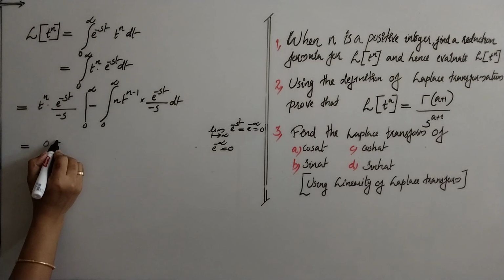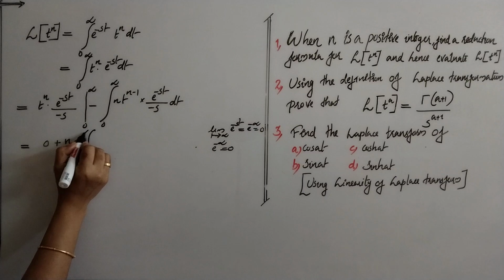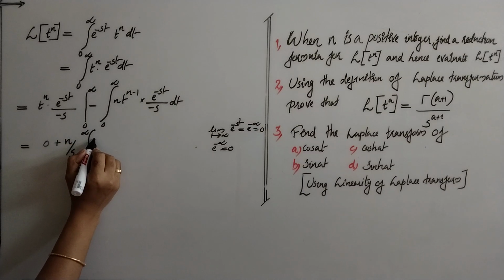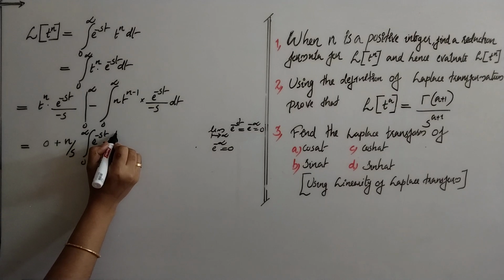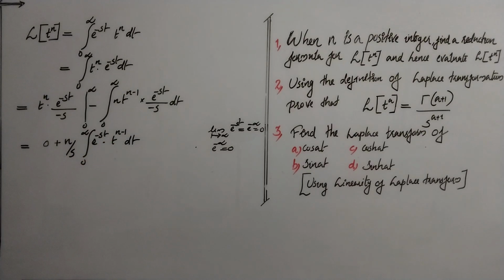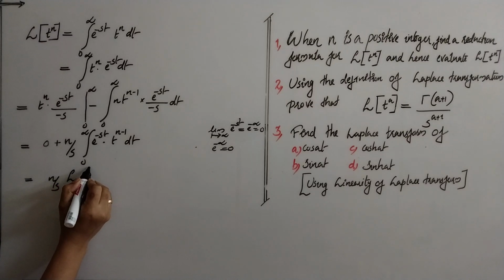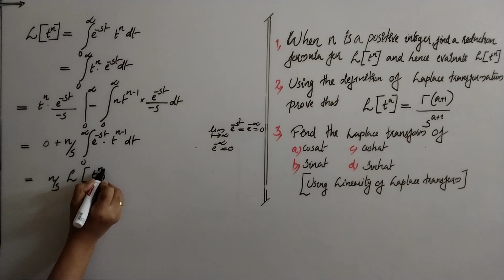Minus of minus, plus n by s into integral 0 to infinity e raised to minus st into t raised to n minus 1 dt. That is n by s into Laplace transform of t raised to n minus 1.